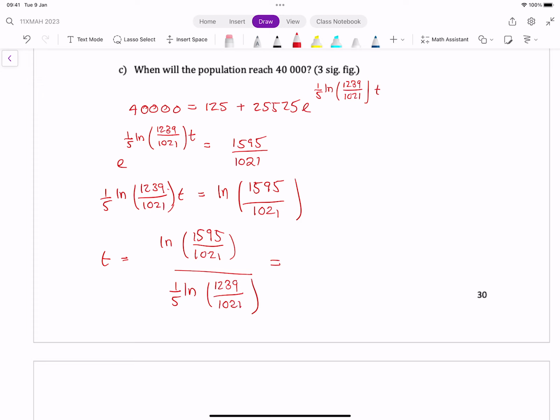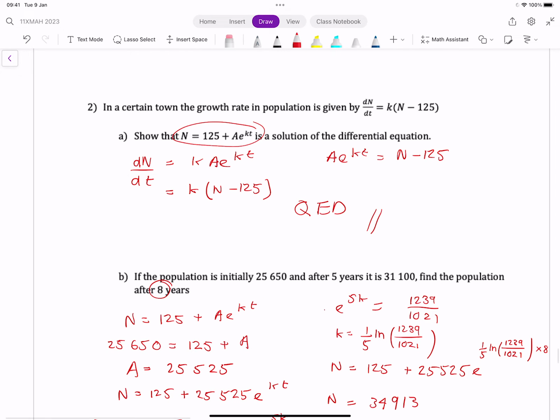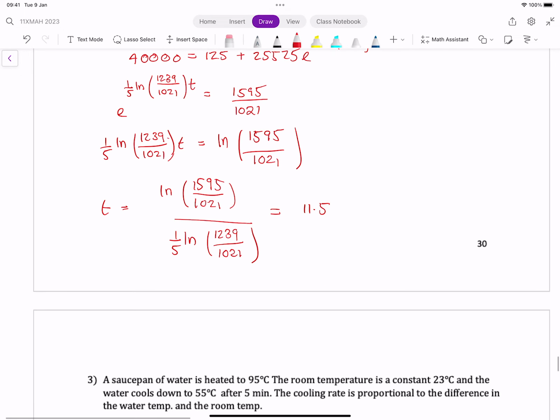Typing that into your calculator, we get approximately 11.5 to 3 significant figures. Is it years? Let's have a look. Yeah, years.